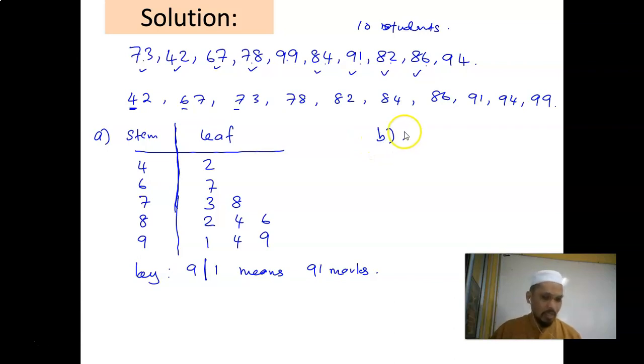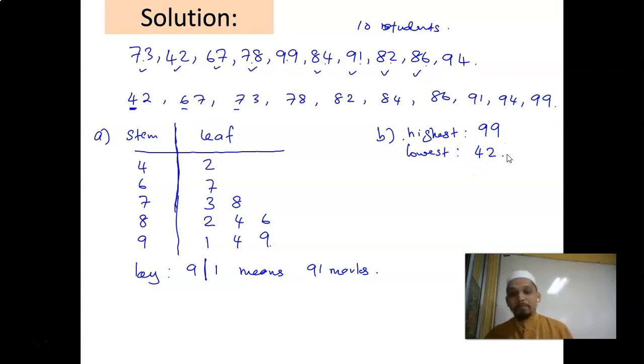What is the highest and lowest marks? The highest is 99, as you see here, the last one, and the lowest is 42. That's it.